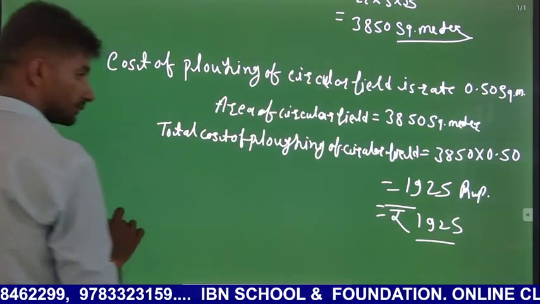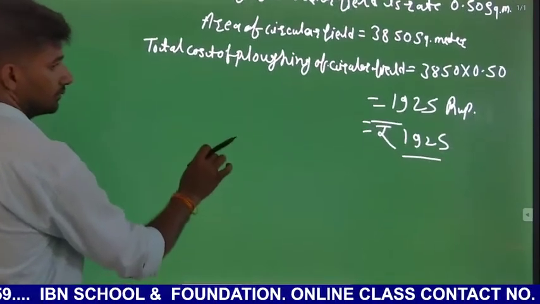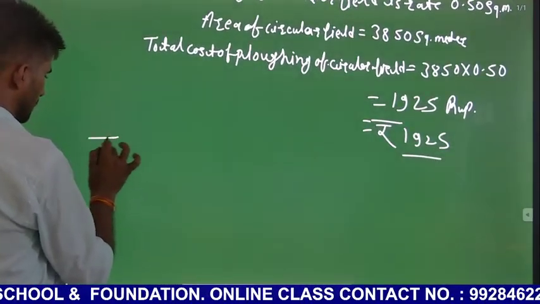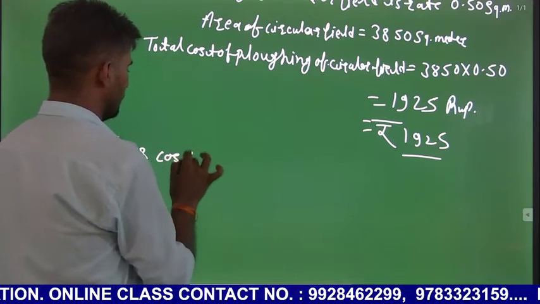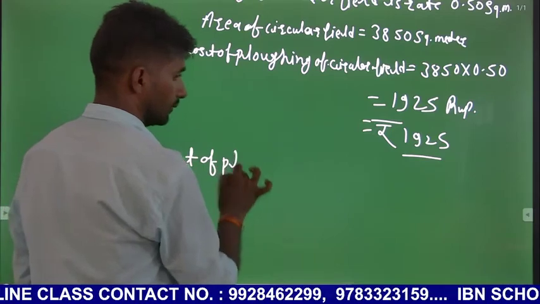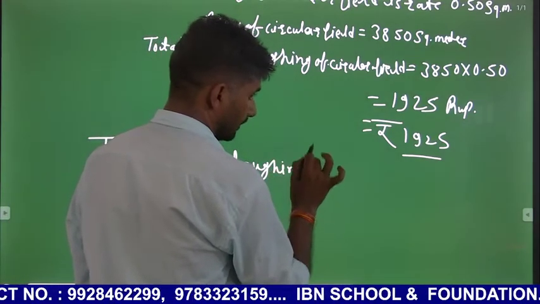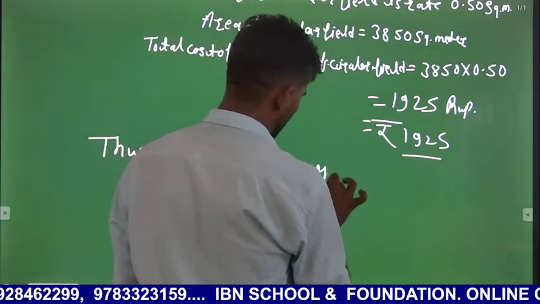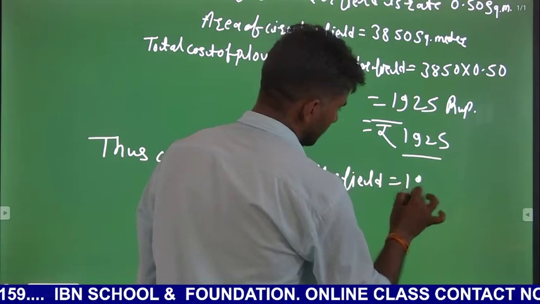So the cost of plowing the field is 1925 rupees.